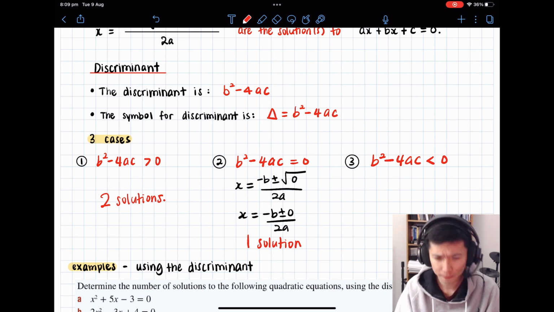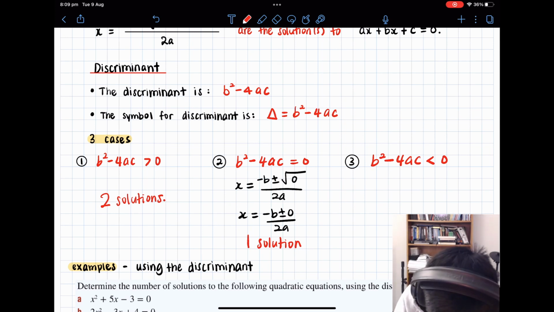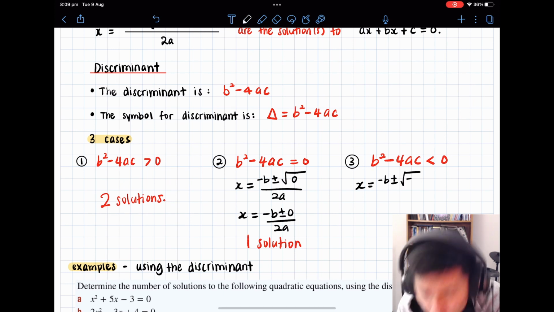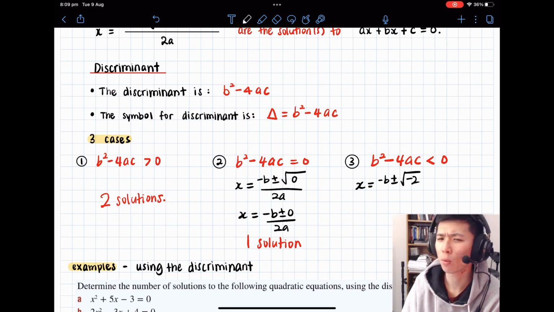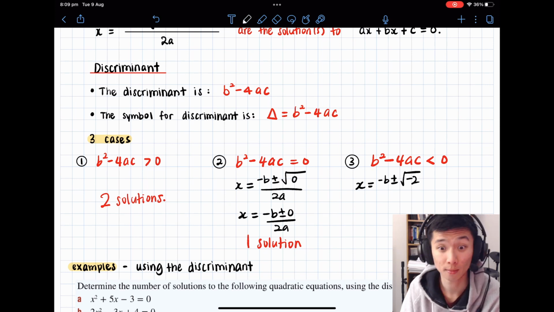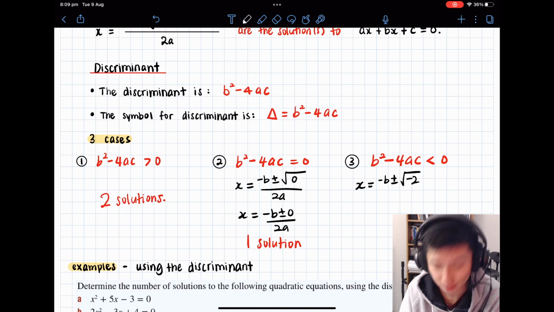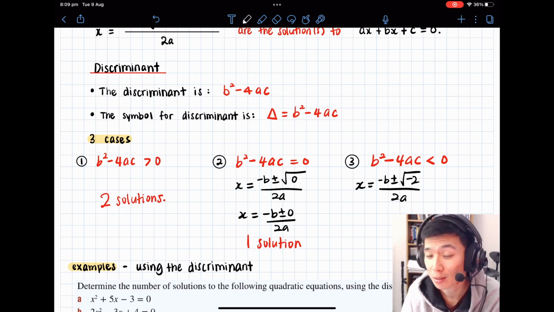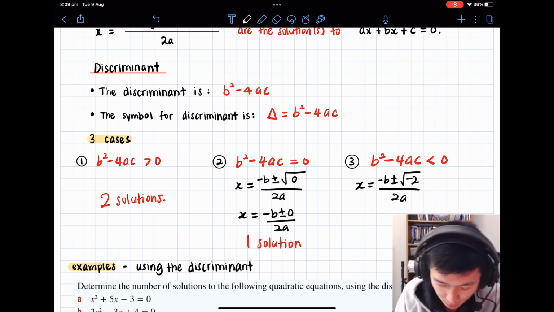It's impossible, right? Imagine if you were writing the quadratic formula, you're trying to find the solutions, and you go plus, minus, square root of negative 2. And you're sitting there, you're like, well, that doesn't make sense. You would be right. It doesn't make sense, right? Because if the number underneath the square root is negative, guess what?